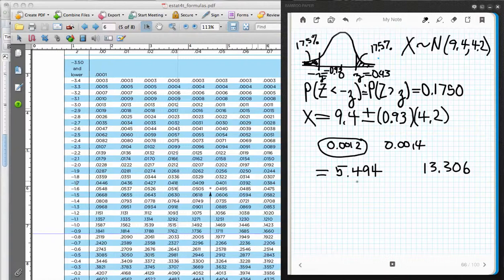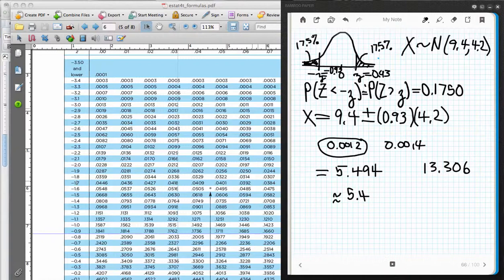So this one over here, if I round it up, I'm going to be just a little bit too high, right? That's closer to the mean. So I'm going to say this one is approximately 5.4 years, and this one 13.3.